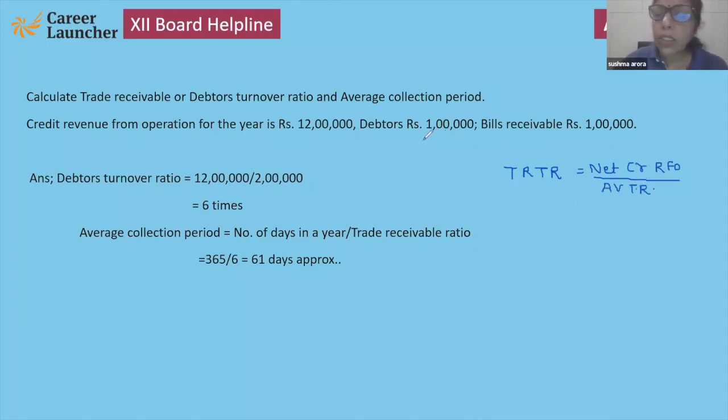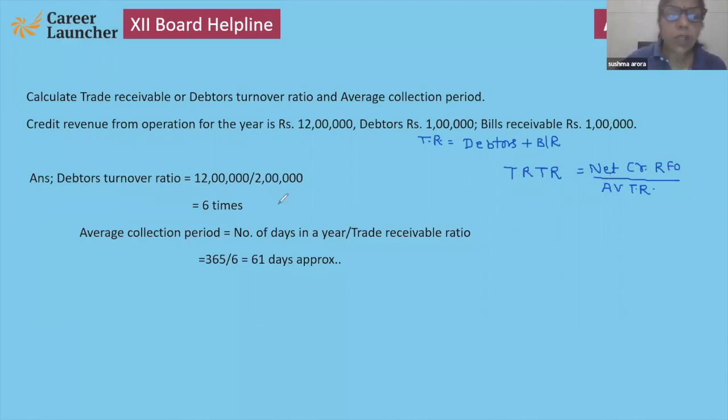Here in this question, trade receivable we can take this way, debtors plus bills receivable. Credit RFO, because trade receivables are related with credit sales.